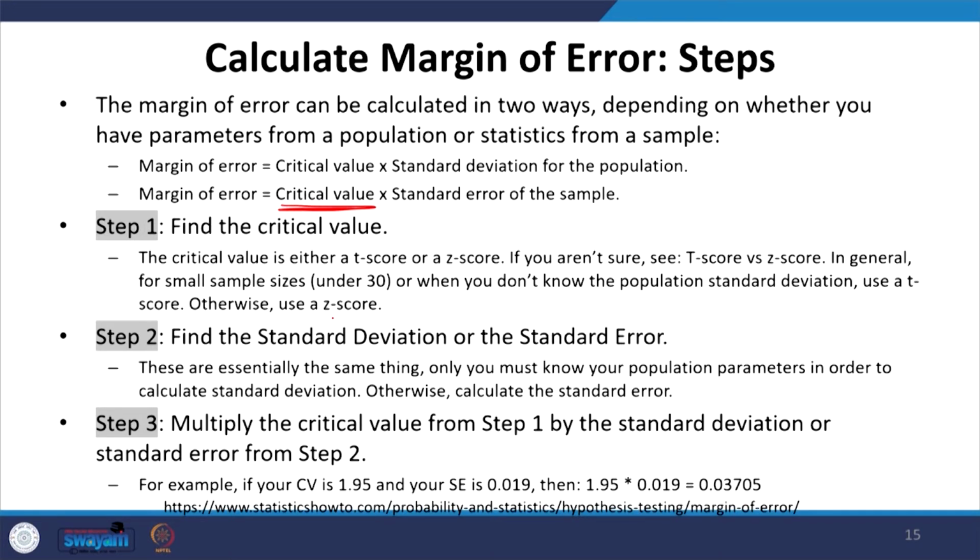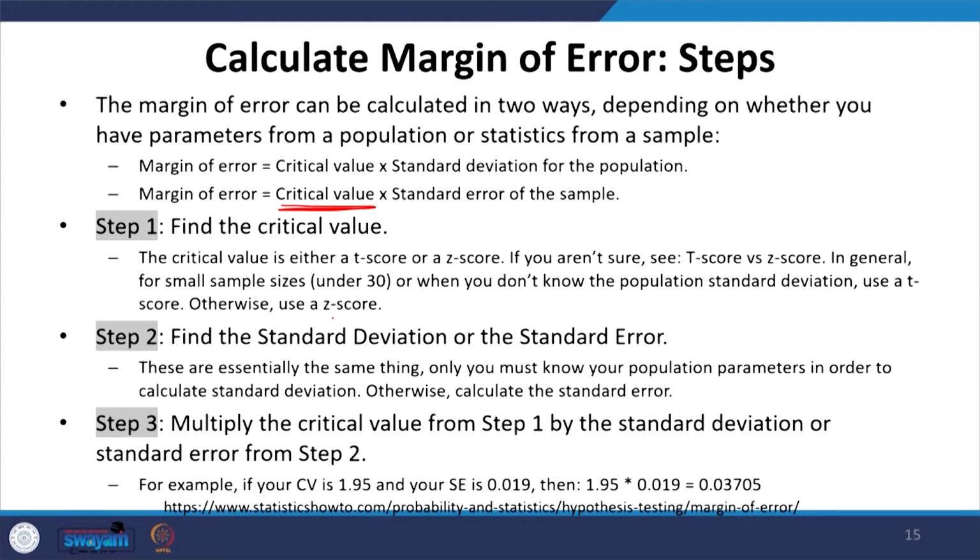The critical value is either a T score or a Z score, the Z tabulated value or the T score tabulated value. If you are unsure, you can see the T score table or the Z score table.